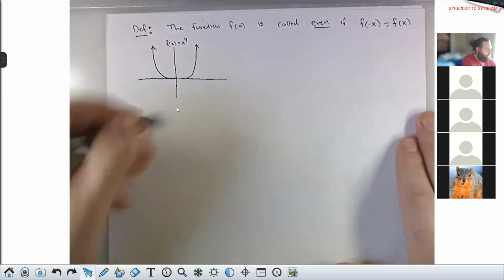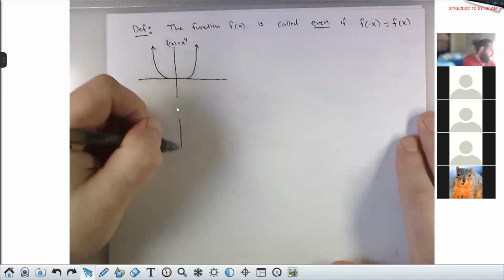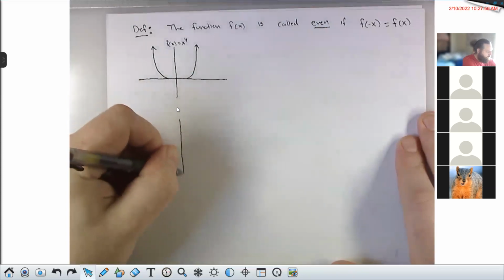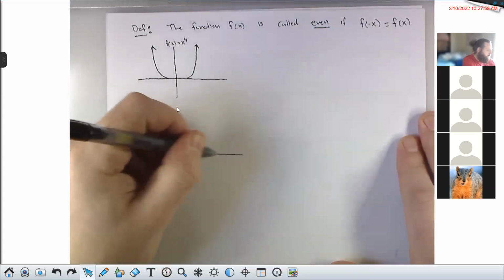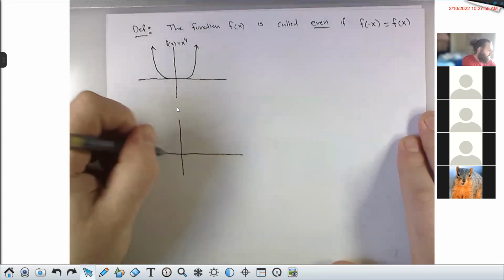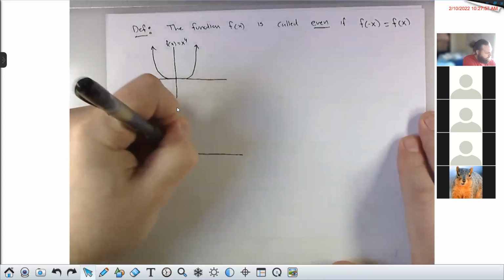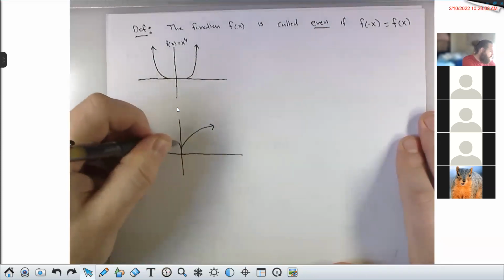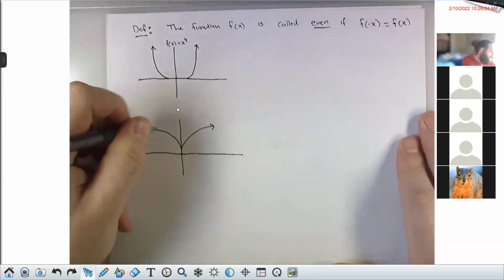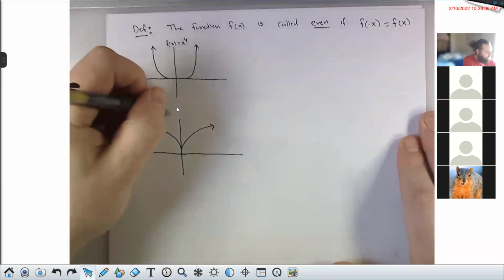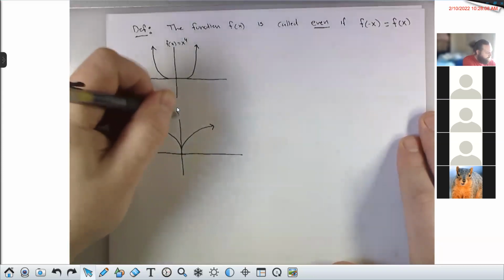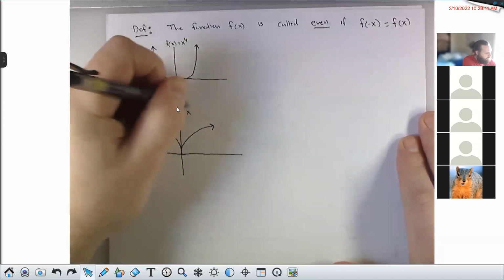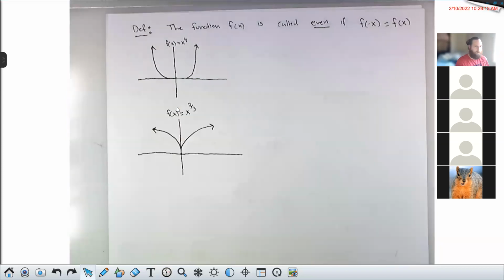I'll show you another example here. This is the graph of f of x equals x to the 2/3. That's a power function, and in quadrant 1, it has that root shape. But this is also an even function.